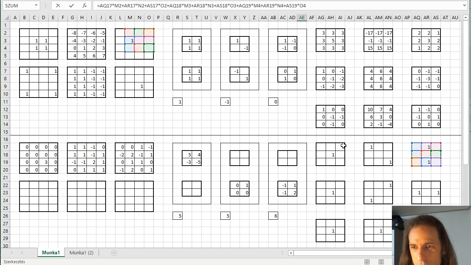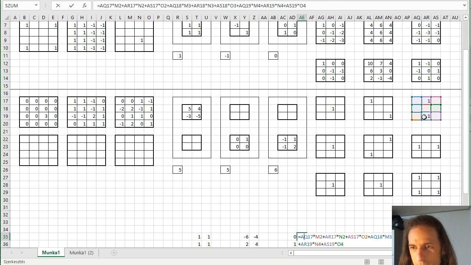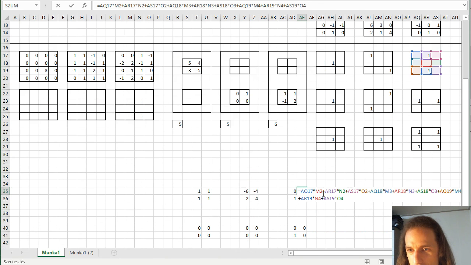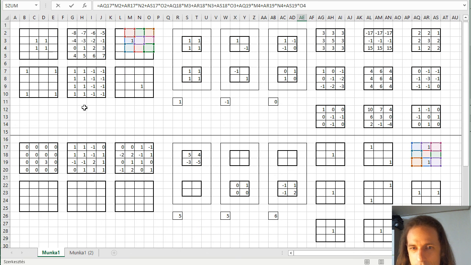So here we are multiplying all these elements. So it's like, let's go AQ17 is this element multiplied by M2. So this is M2. And then you go AR17, which is this element multiplied by N2. So it's also very similar to the convolution.